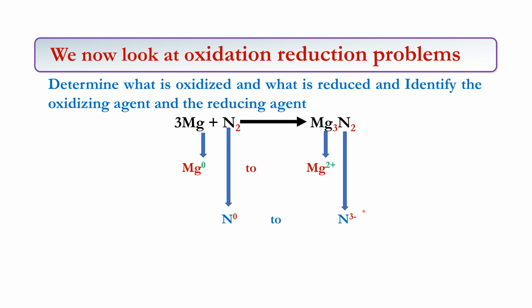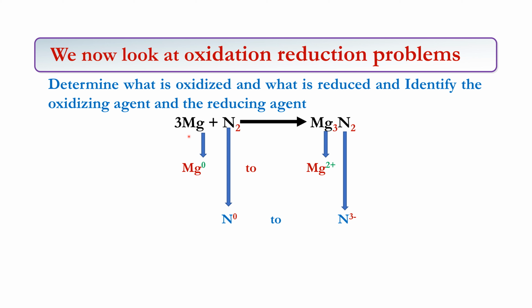For nitrogen, the oxidation number decreases from 0 to -3. Therefore, nitrogen is reduced because reduction is decrease in oxidation number. So nitrogen is reduced and nitrogen is the oxidizing agent because an oxidizing agent is reduced during a chemical reaction.